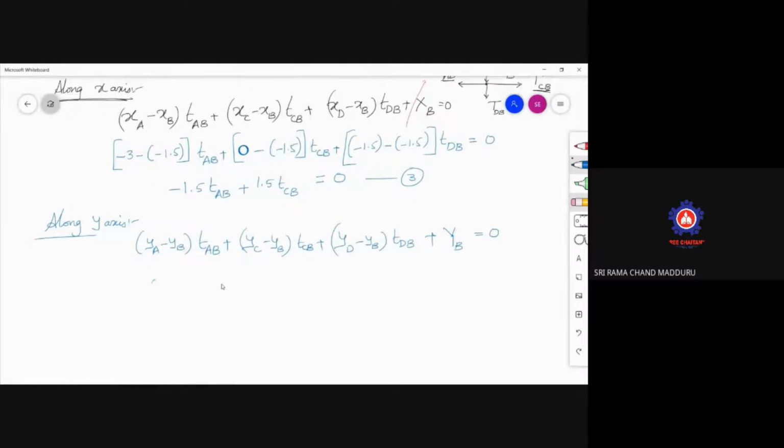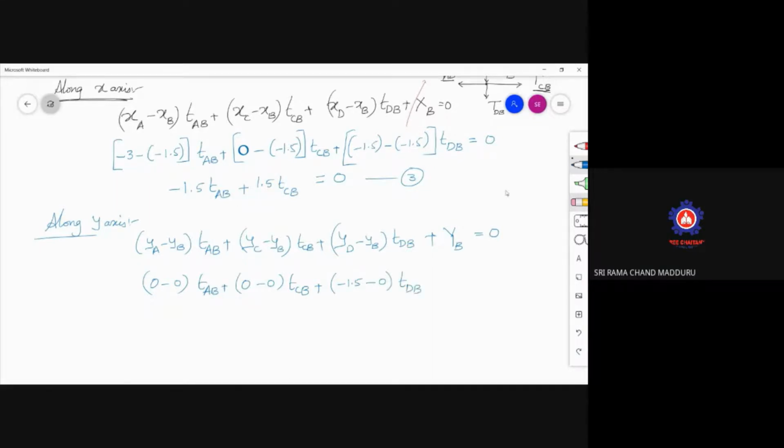So YA is 0 minus 0 into TAB plus 0 minus 0 into TCB plus YD is minus 1.5 minus 0, YB is 0 only, into TDB.